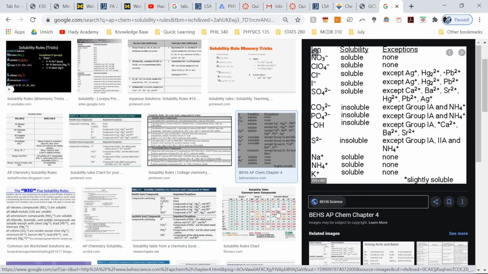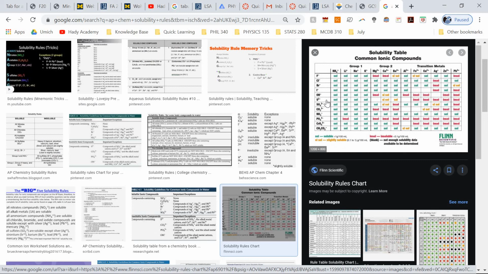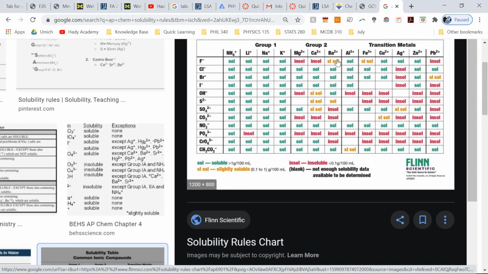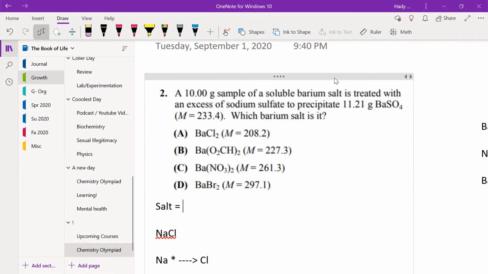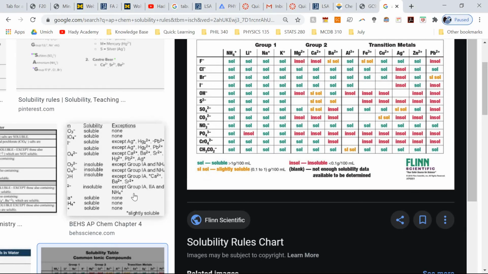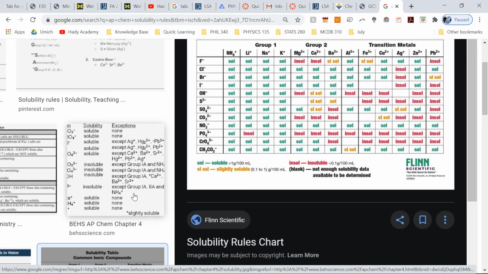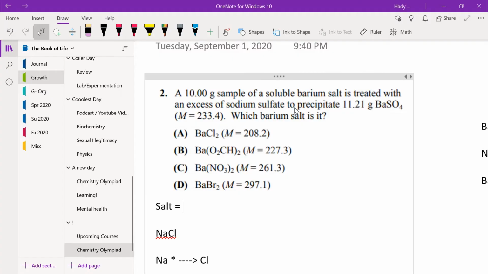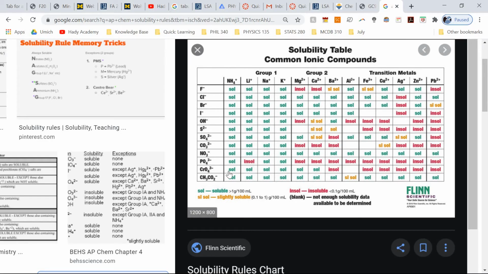Bromine isn't listed here, so the bromine is also soluble. I would call it whatever, the O2CH2. Let me see if there's even that. I don't even know if that could be soluble.